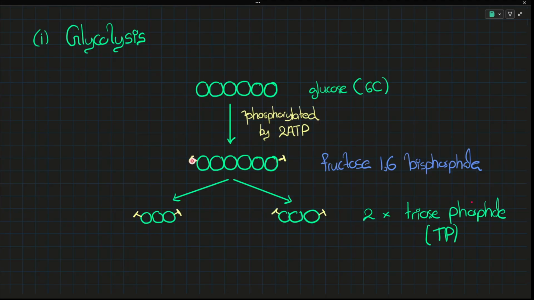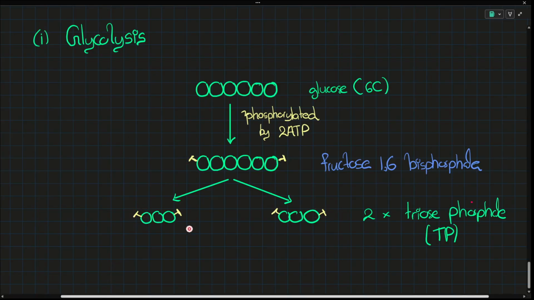Otherwise you might get confused, so let's just clarify things. Phosphorylated by 2 ATP. These are those 2 ATP molecules on the triose phosphates as well. Okay, but do you see there are 2 more ATP molecules? This stage actually adds 2 more ATP molecules, but we don't really discuss that.